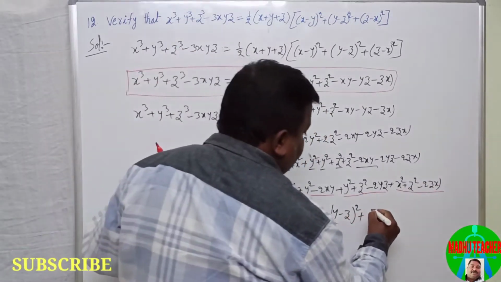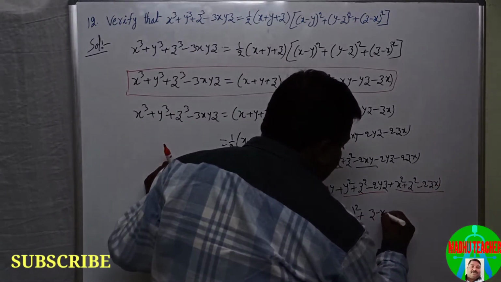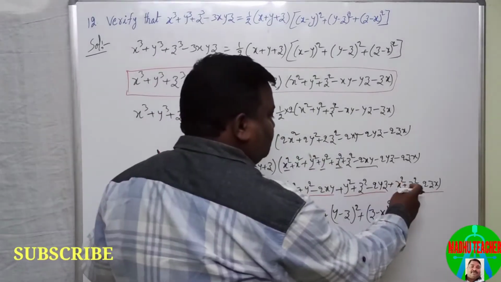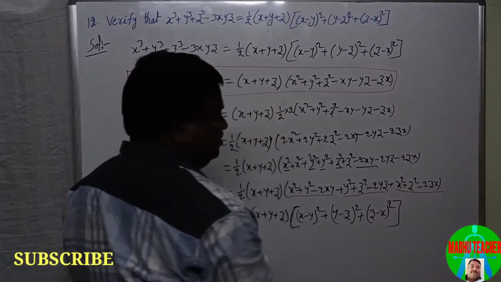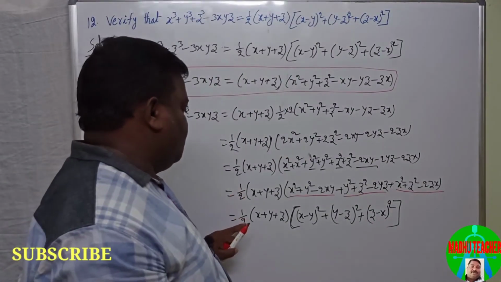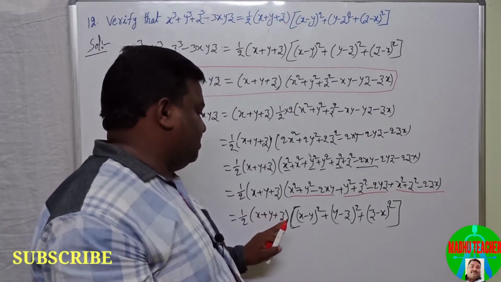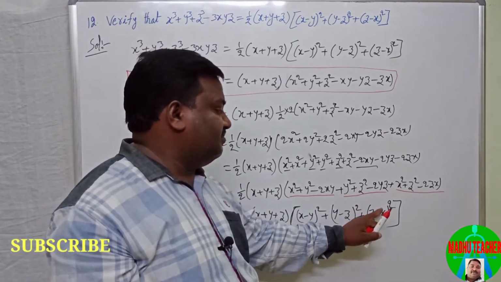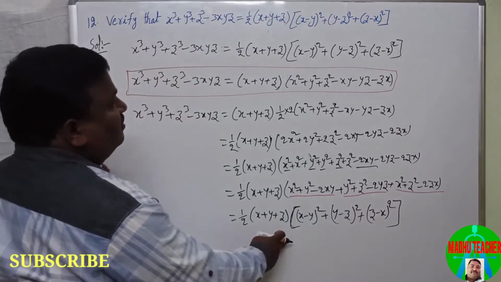We can write z minus x whole square. You can write x minus z or z minus x. This is 1 by 2 into x plus y plus z into x minus y whole square plus y minus z whole square plus z minus x whole square.